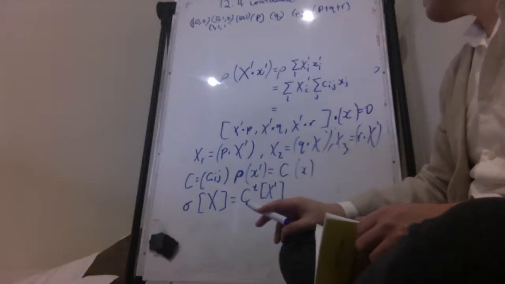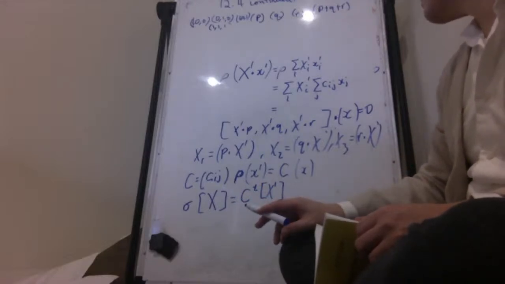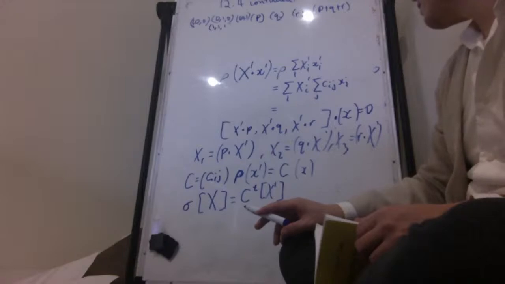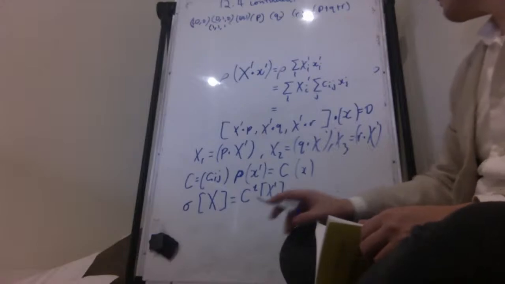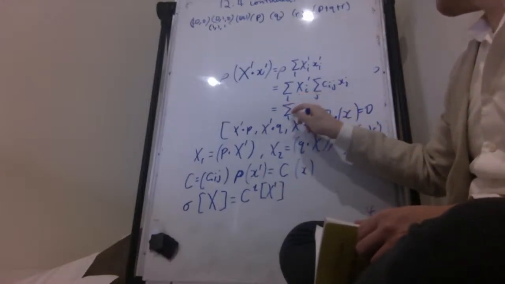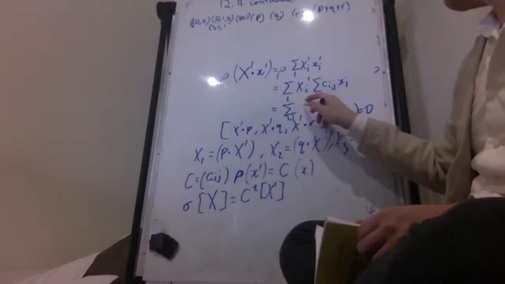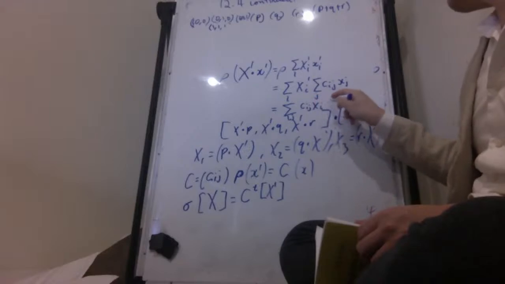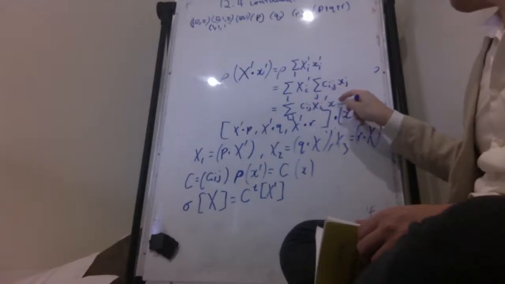Yeah. Cij. Yeah. So if the sum is I and j now. Cij xi prime xj.